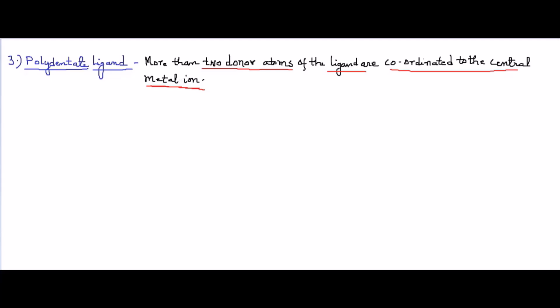In this category we will have to deal with subcategories. Polydentate can start with tridentate and then tetra, penta, hexa and so on. Mostly we will deal up to the hexadentate ligands. So let's find an example for the tridentate ligand.